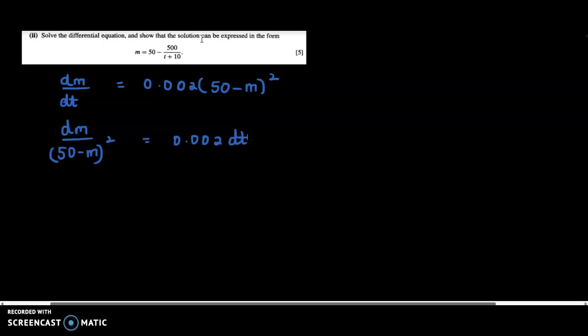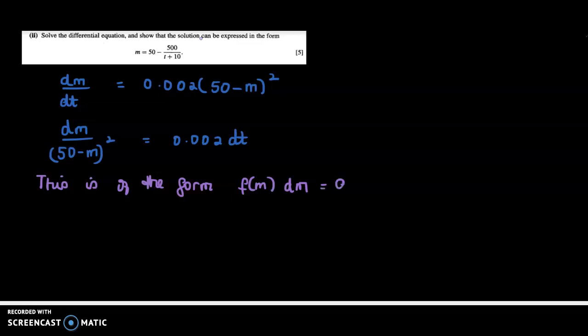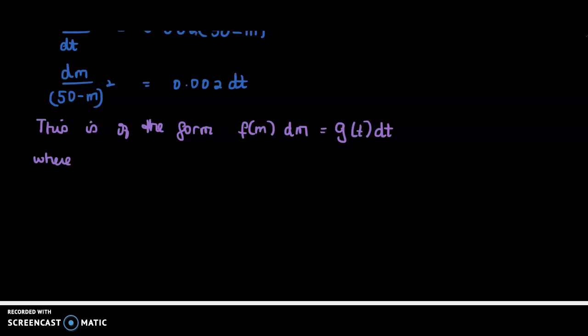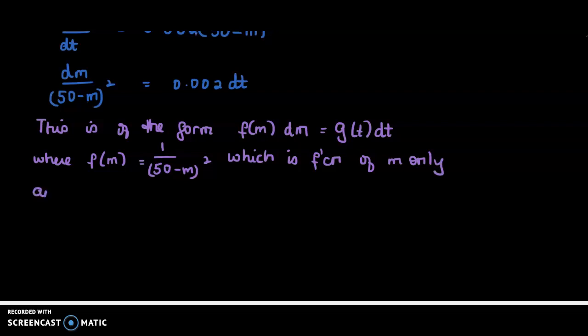So we can say that this is of the form f(m) dm equal to g(t) dt, where f(m) is equal to 1 over (50 - m)², which is a function of m only, and g(t) is equal to 0.002.